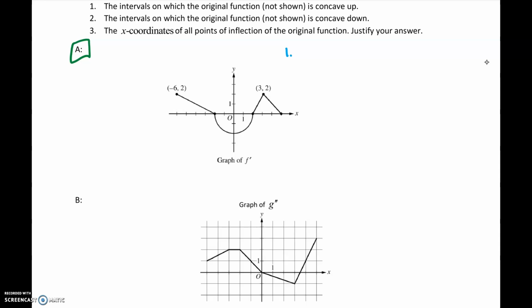And the rule for this is that if the derivative is increasing, and we're talking here about the first derivative, I should stress that because the rest of this video we're going to be looking at second derivatives. So if the first derivative is increasing, then the original function is concave up.